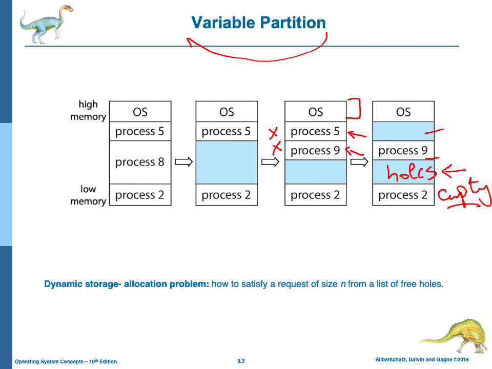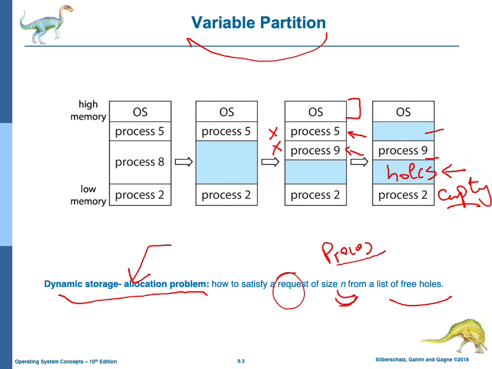We define the dynamic storage allocation problem as the problem of how to satisfy a request of size n from a process from a list of free holes that we have in the memory. So how can we find the right space, the right partition for a process of size n? That's what we're trying to solve, the dynamic storage allocation problem.